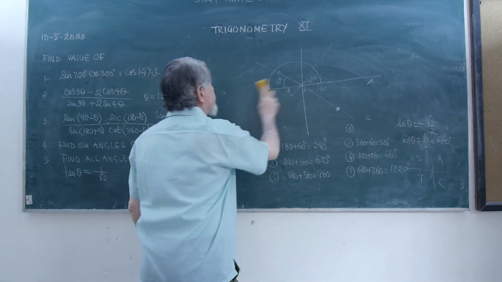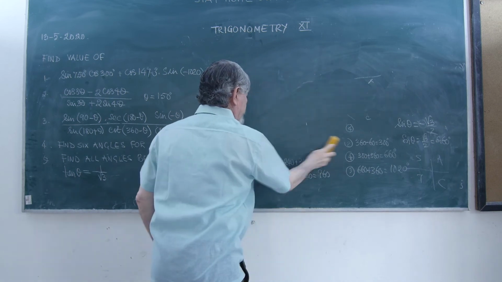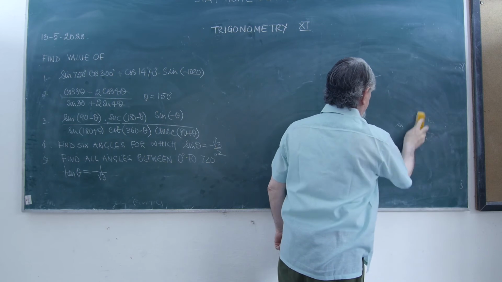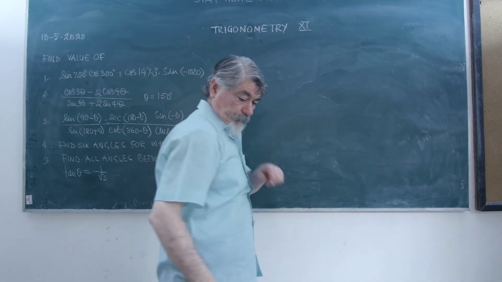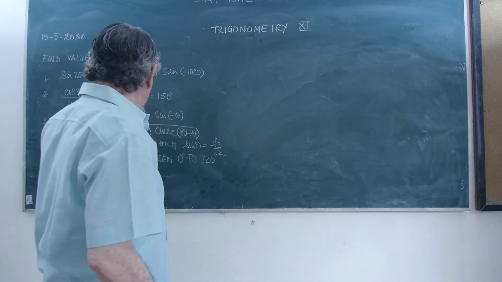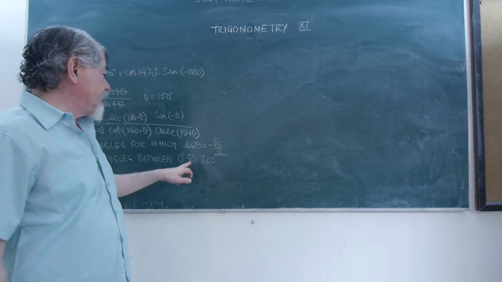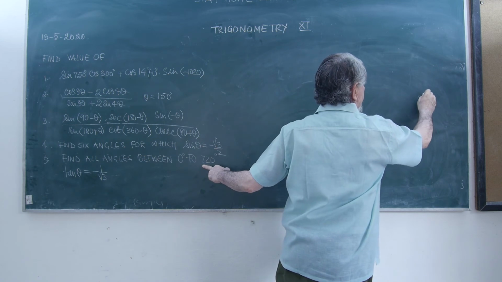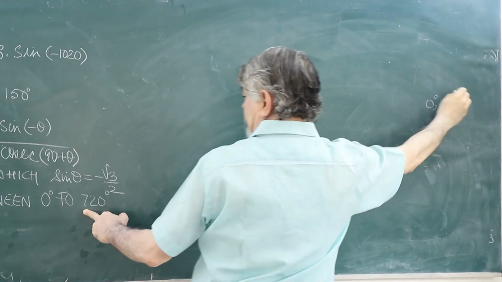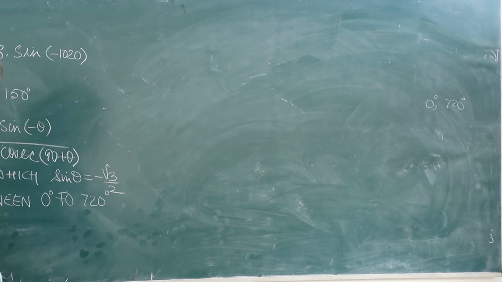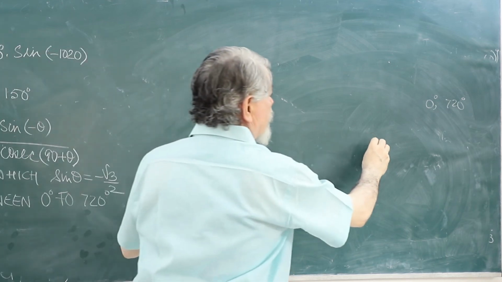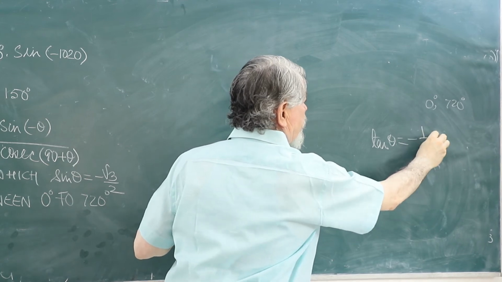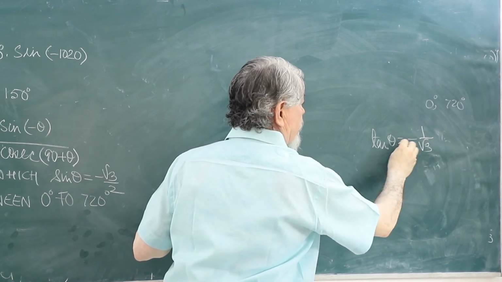One more question. Here it is, find all the angles between 0 to 720. He is talking about angles between 0 degree and 720 degree, where he says tan theta is minus 1 upon root 3. Tan theta is minus 1 upon root 3.